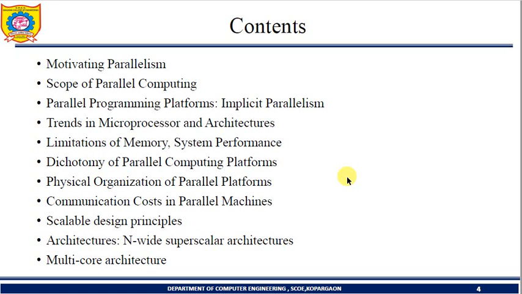So let's discuss the contents of this particular unit. First, motivating parallelism, why we have to go for parallelization, then scope of parallel computing, then parallel programming platforms, implicit parallelism, trends in microprocessors and architectures, limitation of memory system performance, dichotomy of parallel computing platforms, physical organization of parallel platforms, communication cost in parallel machines, scalable design principles, architectures, and very long instruction word (VLIW), superscalar architectures and multi-core architectures.